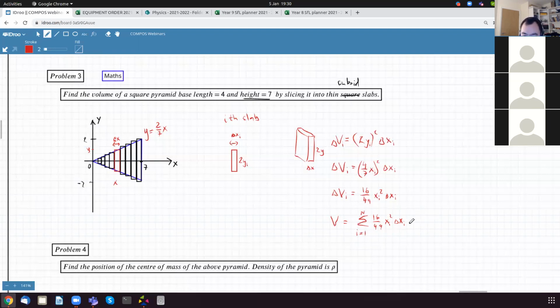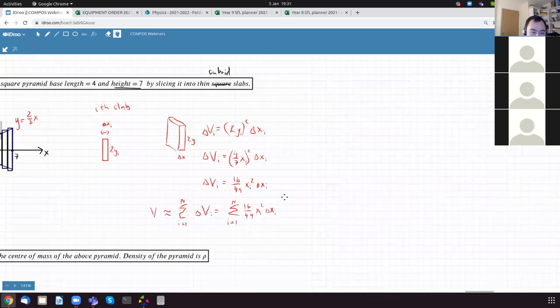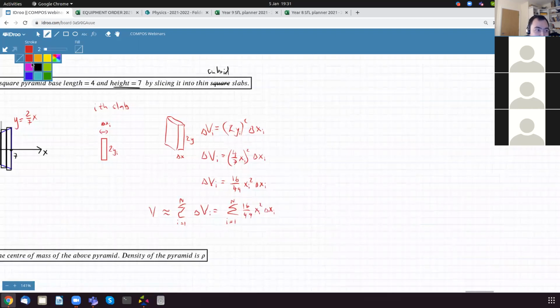So the total volume, this is the sum from 1 to n. So we can say volume is approximately that. The total volume of the pyramid is approximately equal to the total volume of the slabs. But as we make the slabs smaller, we use the Riemann sums.